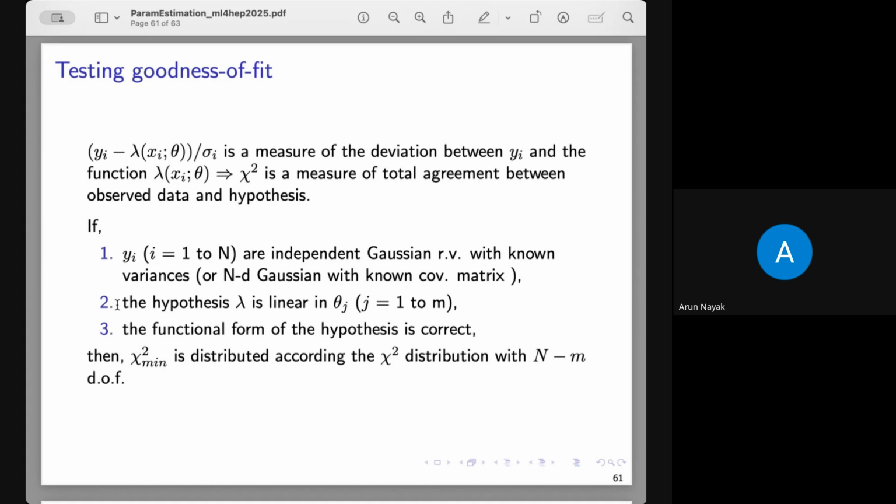And if the hypothesis lambda is linear in theta j and the functional form of the hypothesis is correct, meaning your assumed function is correct, then the chi-square is distributed according to the chi-square distribution with n minus m degrees of freedom, where n is the number of bins and m is the number of parameters. Or if it is an unbinned likelihood fit, then n will basically be the number of data points.